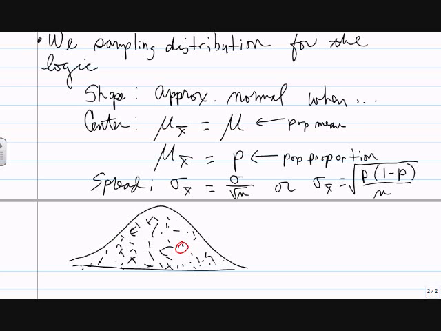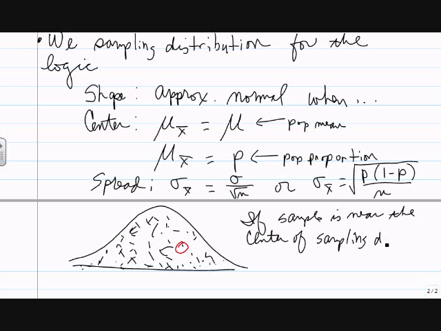Okay? If this sample that we get is near the center of the sampling distribution, then I'm going to make a pretty good report on what I think the population parameter, population mean, is going to be.